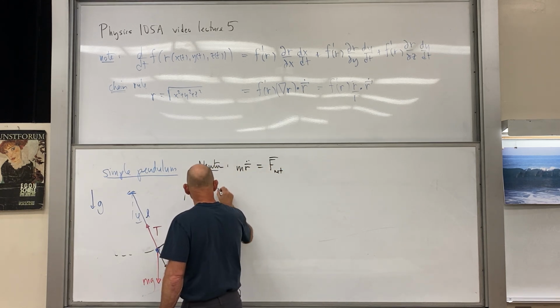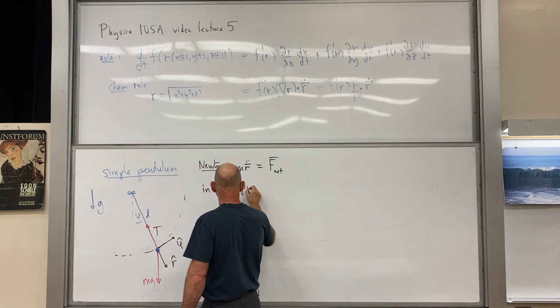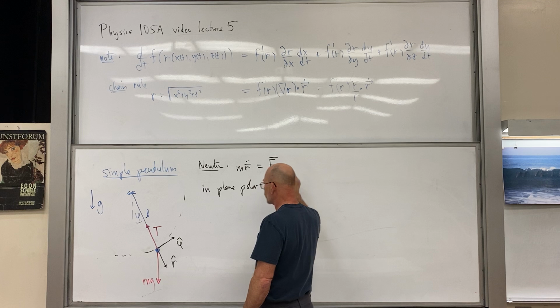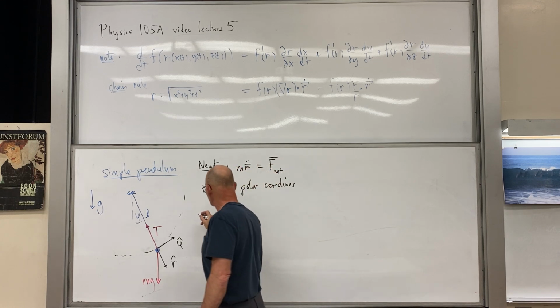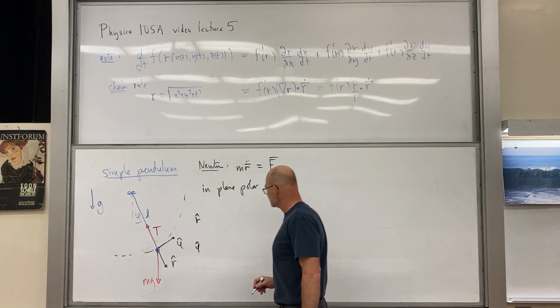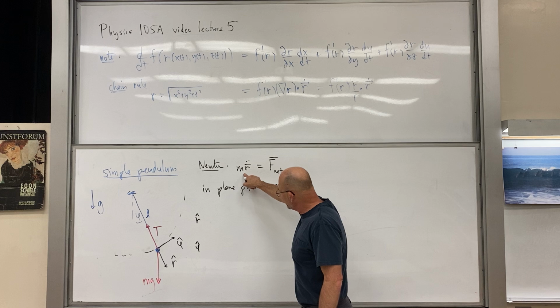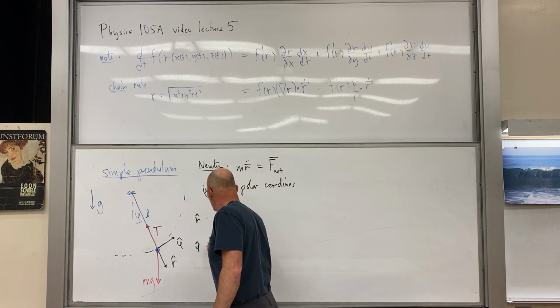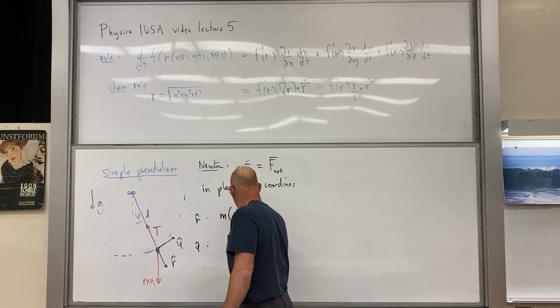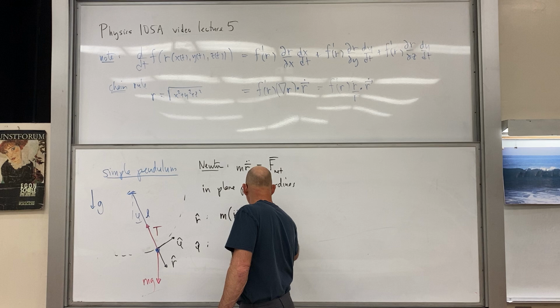In plane polar coordinates, with an r hat vector and a phi hat vector, the left side of the equation would be m times r second derivative minus r phi dot squared.